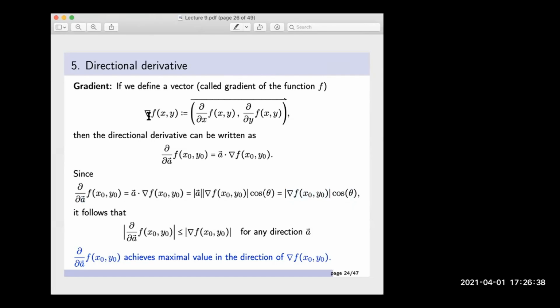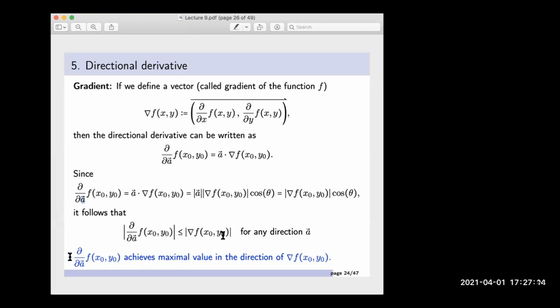The gradient of a function is a vector whose direction is fixed, but A can be changed. If you look at the derivative of the function in different directions, the maximum value is achieved when this direction coincides with the direction of the gradient.